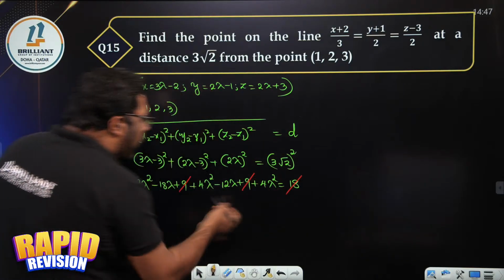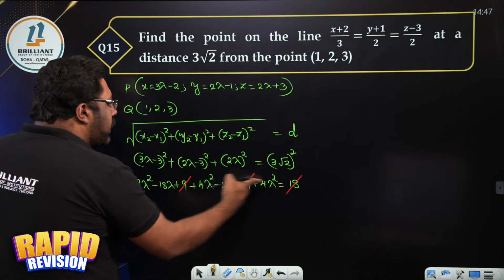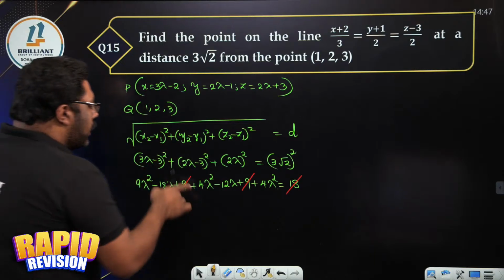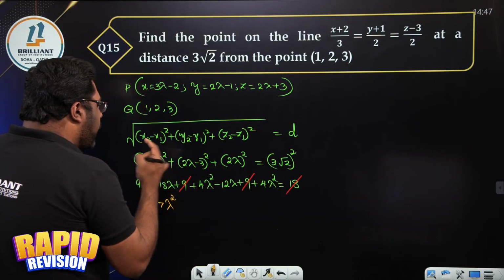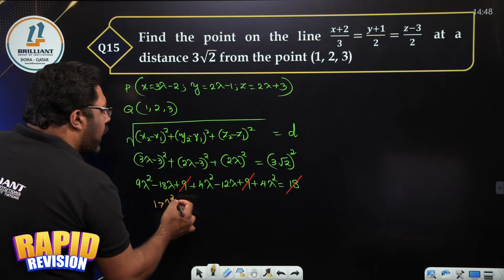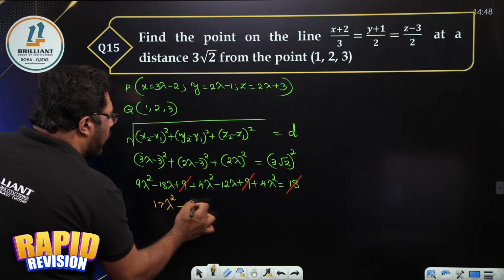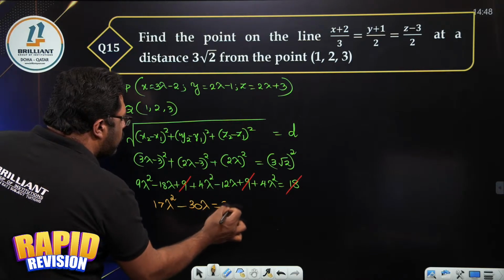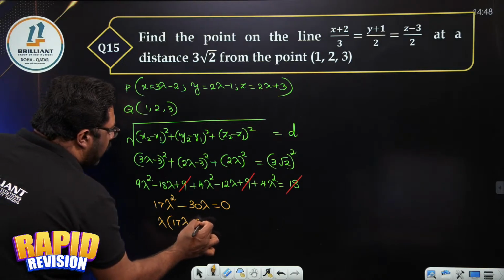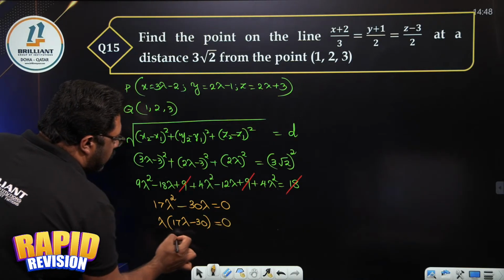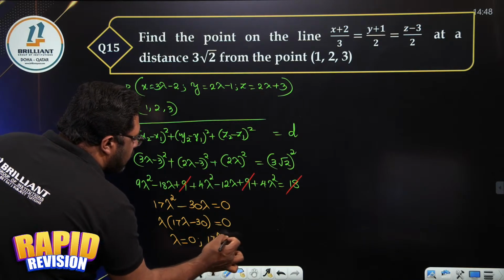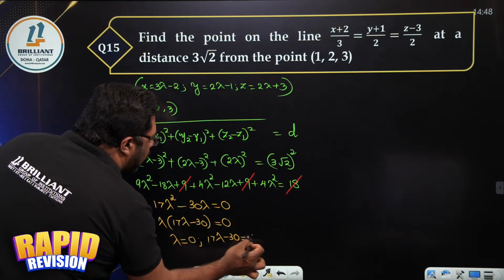Now you have only lambdas. 9 lambda squared plus 4 lambda squared plus 4 lambda squared is 17 lambda squared. Then minus 18 lambda minus 12 lambda, that is minus 30 lambda, equal to 0. So lambda into (17 lambda minus 30) equal to 0. Lambda equal to 0, or 17 lambda minus 30 equal to 0.